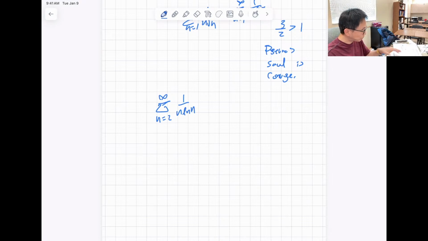Got it? Okay, that's it. Does it diverge? They diverge because they go to infinity. But you have to prove it's decreasing though. So that part you have to do on the test.